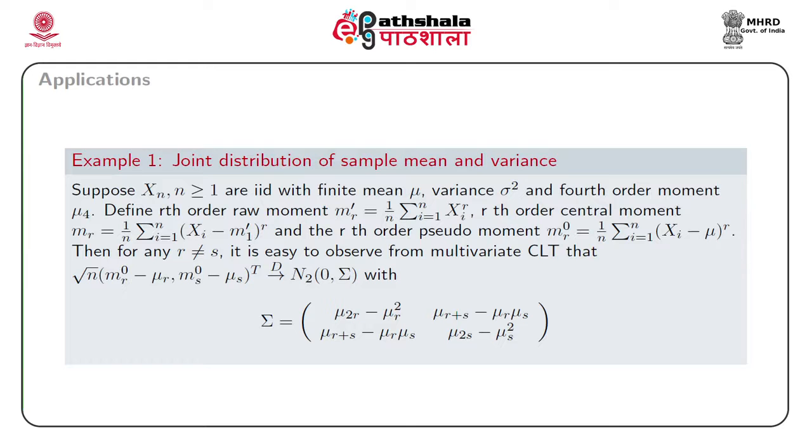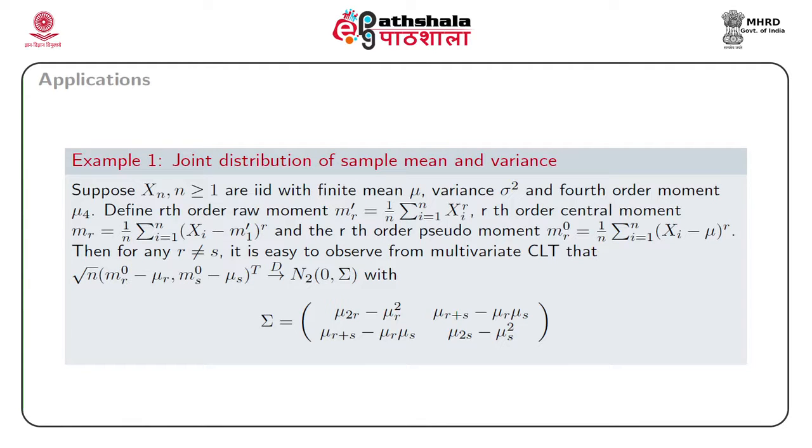And this can be obtained just considering the fact that the Xi's are IID, meaning (Xi minus mu) to the power r are also IID, and the covariance between (Xi minus mu) to the power r and (Xi minus mu) to the power s is mu r plus s.